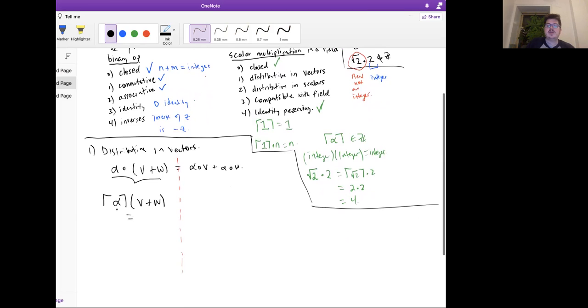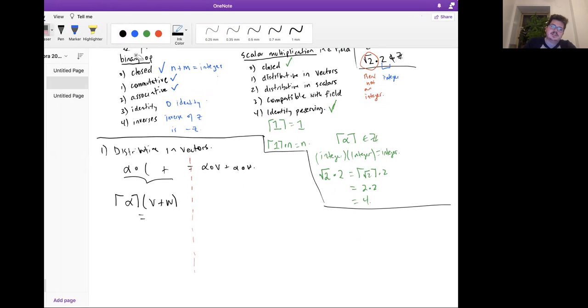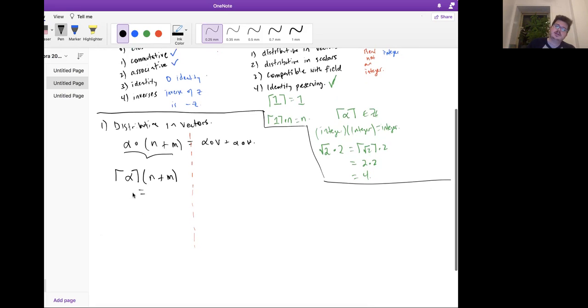Let's say n and m because these are integers. Okay, so now what can we do? Can we distribute it now? Yeah, right now this is normal multiplication. So now this is ceiling alpha times n, normal multiplication, plus ceiling alpha times m.